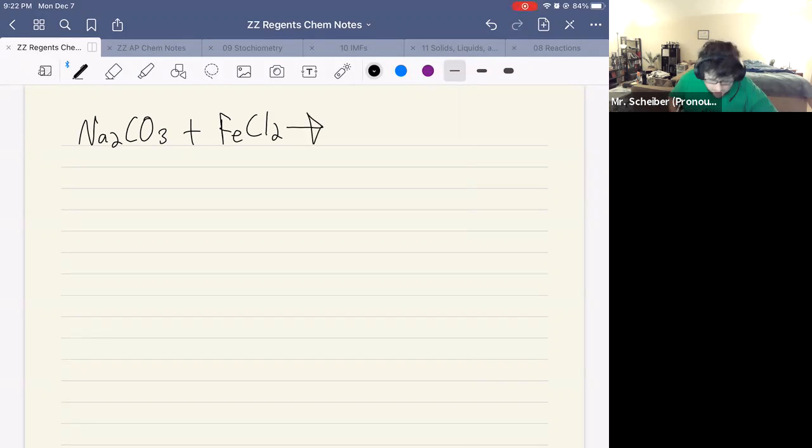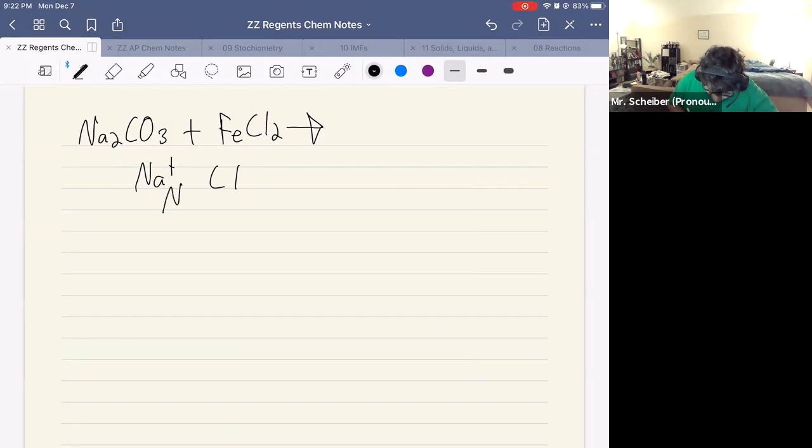Now, our two products, because it's a double replacement, we have the CO3 flipping with the Cl. Now, a lot of you are going to want to just move that and move that, but that's because you're not following the crisscross method. You have to follow the crisscross method. Na we know has a charge of +1. Cl has a charge of -1.